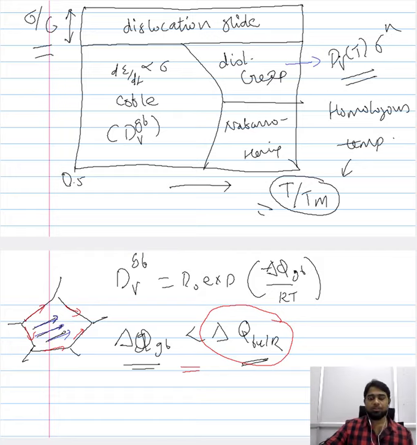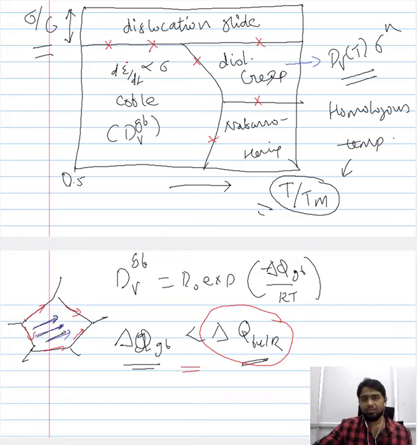Now, supposing you have a combination of stress and temperature that lies on the line here. Supposing the combination of stress and temperature lies on the lines that separate the different creep mechanisms, then how would one calculate the rate of creep?